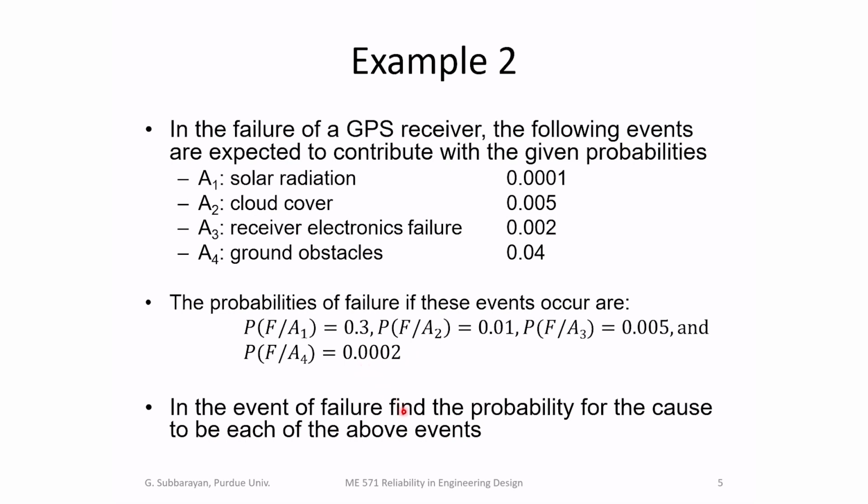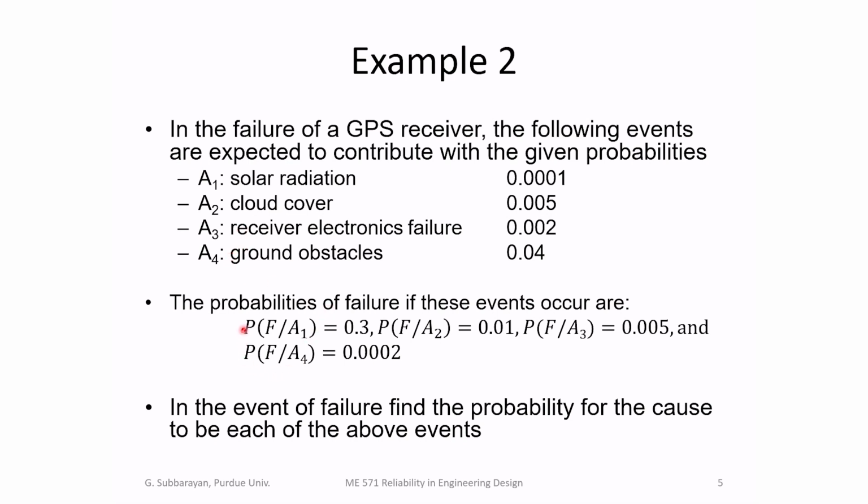So now, in the event of failure, find the probability for the cause to be each of the above events. In other words, if a system were to fail in the field, then we would want to know what caused the failure. That is, we want to ask the question, given F, what's the probability of A1, A2, A3, or A4 given F?